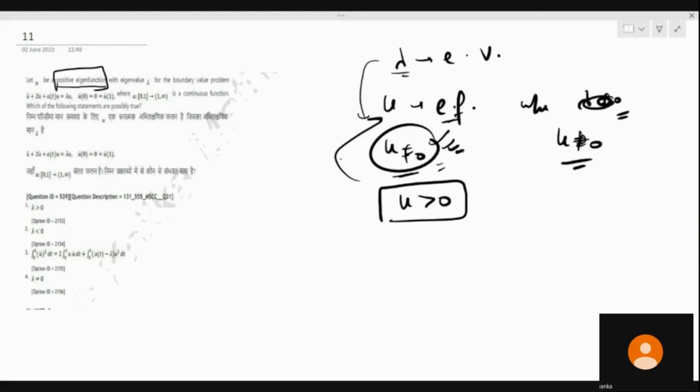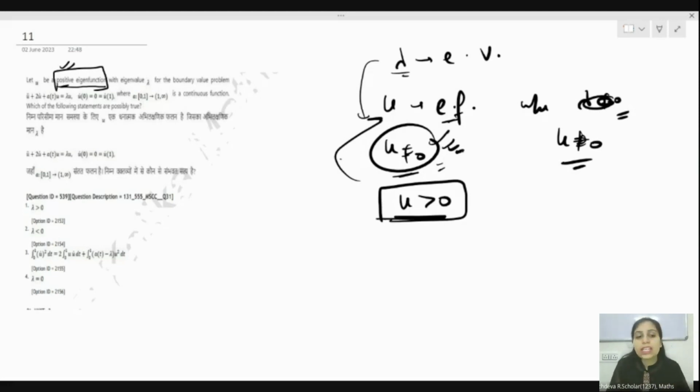Yes, ma'am. And they have said one extra condition, u be a positive eigenfunction. Positive eigenfunction means u is strictly greater than 0.